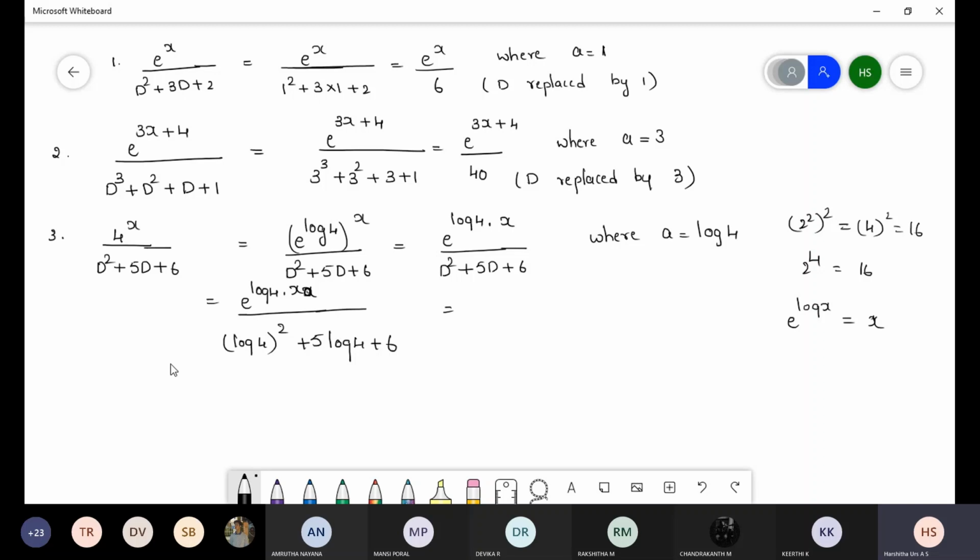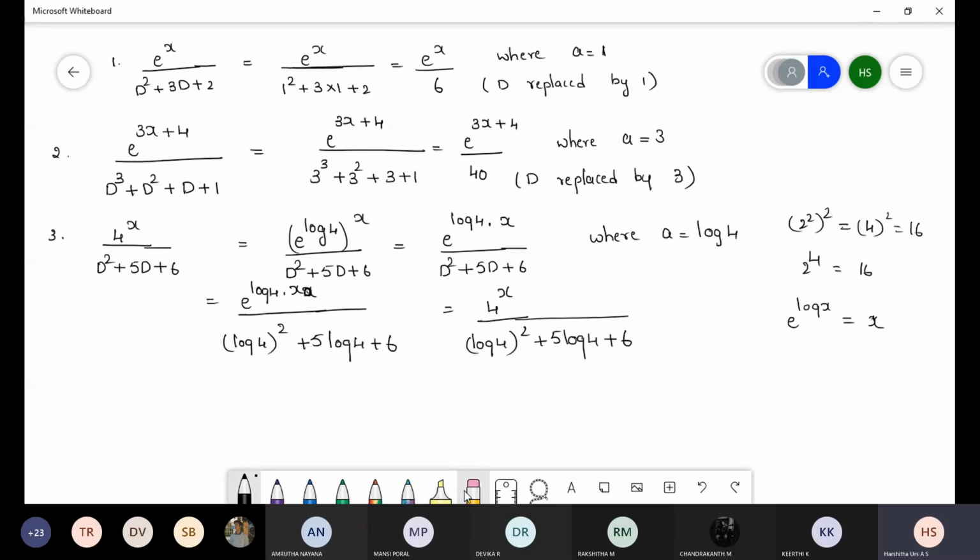So the same thing we have to apply. e power log 4 means 4 power x divided by log 4 whole square plus 5 log 4 plus 6. This is the solution for the third example.